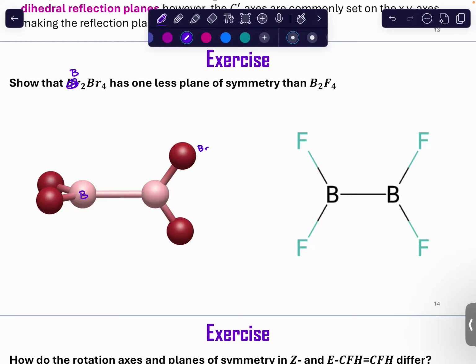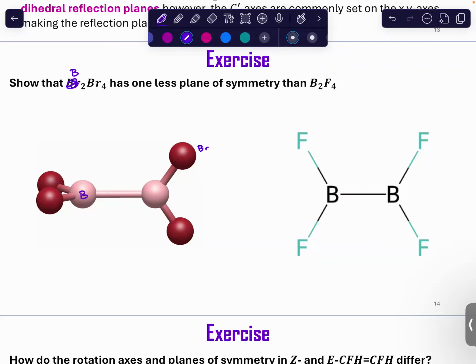They're similar, as you notice, but they take different spatial geometries. The bromines are twisted at 90 degrees to one another, and for this one I put the Lewis structure up because it's a planar molecule.